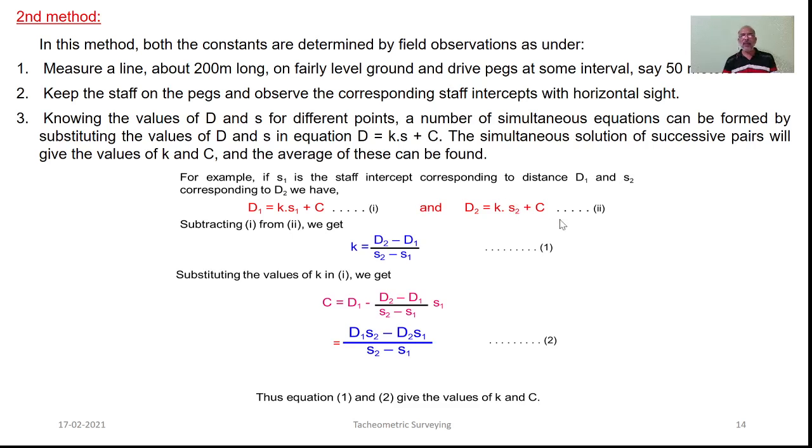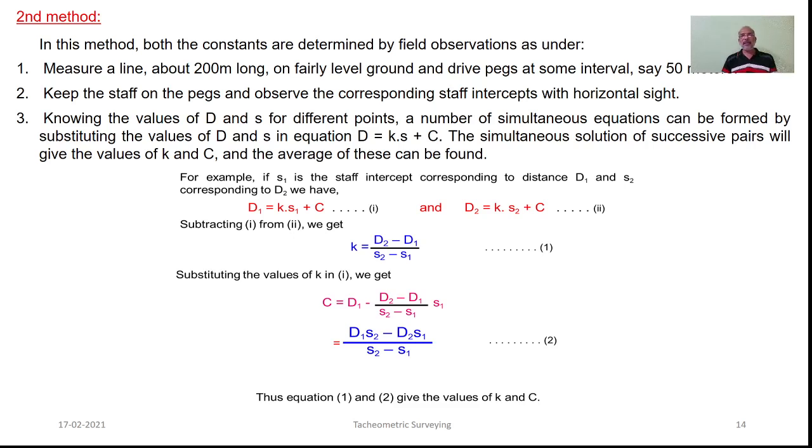Accordingly, we can make use of any of the equations, and we can have a series of values, say k1, c1, k2, c2, etc. So as we average out these values, we'll be able to work out the acceptable value of k and c, even if the value is not known for the given equipment.